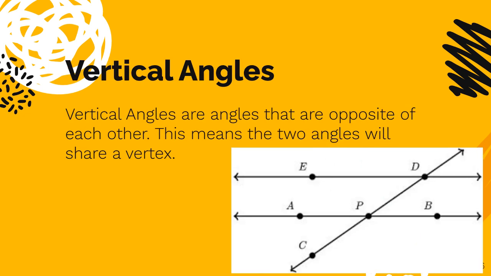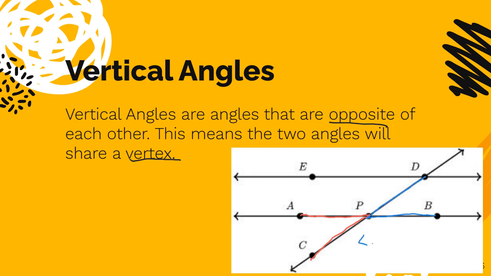And now vertical angles. Vertical angles are angles that are opposite of each other. This means two angles will share a vertex, and a vertex only, not a side. So if I have angle APC, that would be vertical to angle DPB.